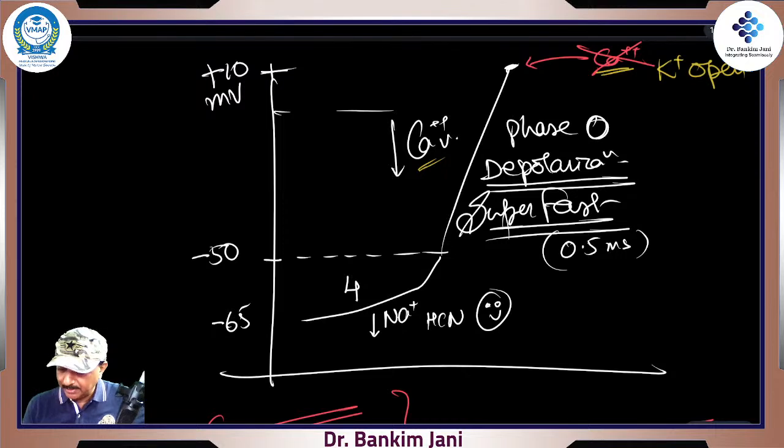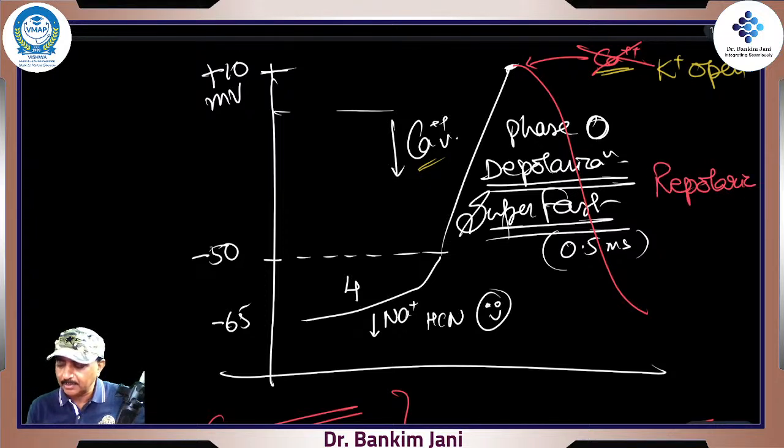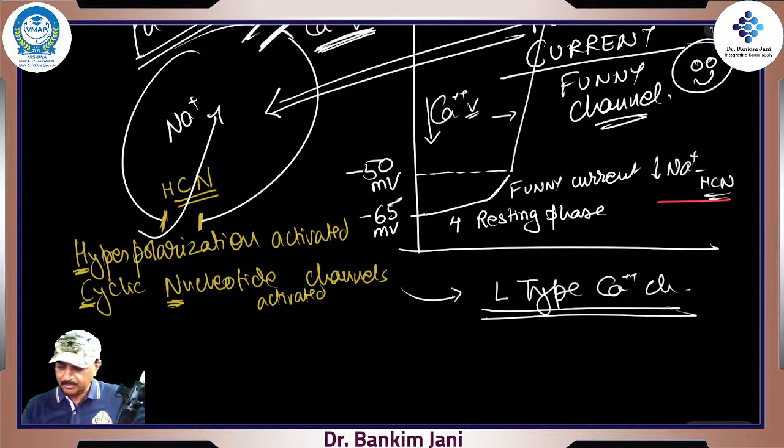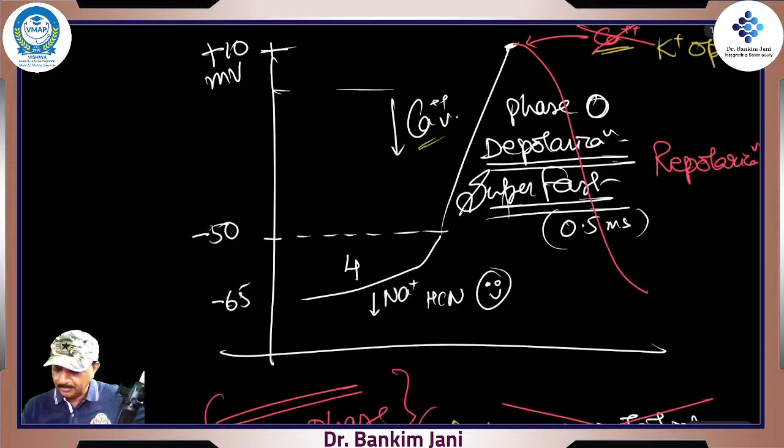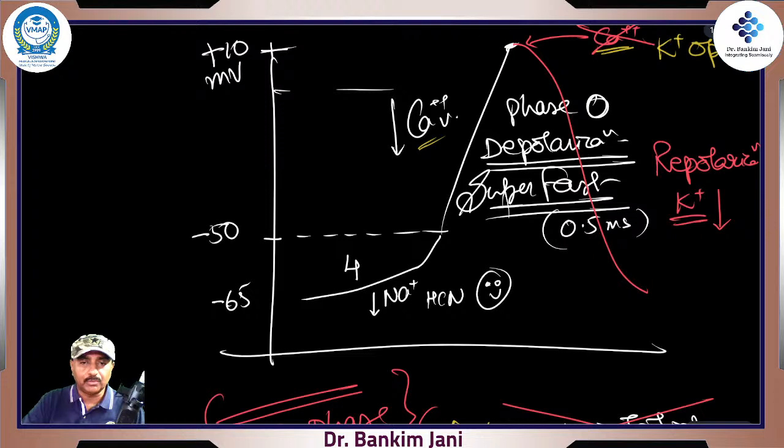From this point, the calcium channel closes, potassium channels open, and the moment potassium opens, potassium starts leaving and there is an immediate dip. That dip is nothing but repolarization, where potassium is leaving. That's how it keeps on balancing.